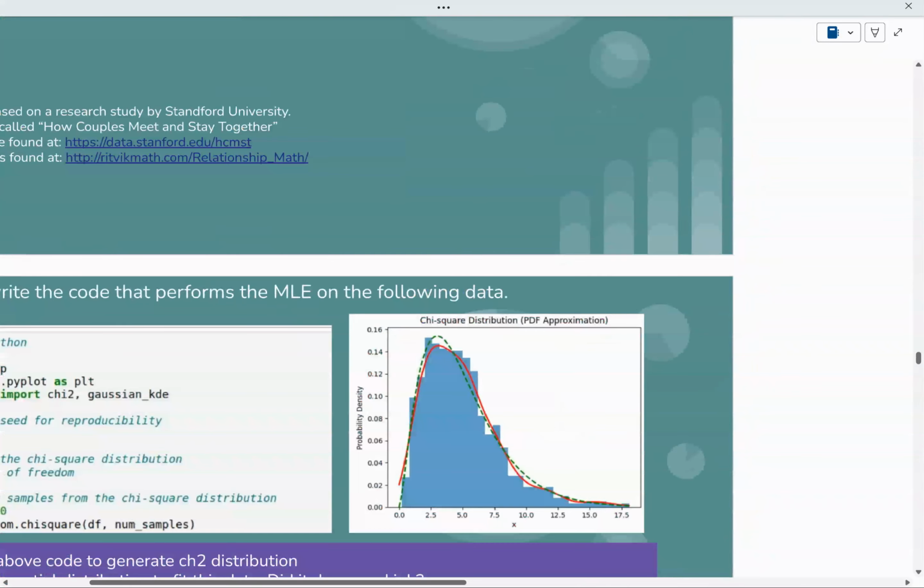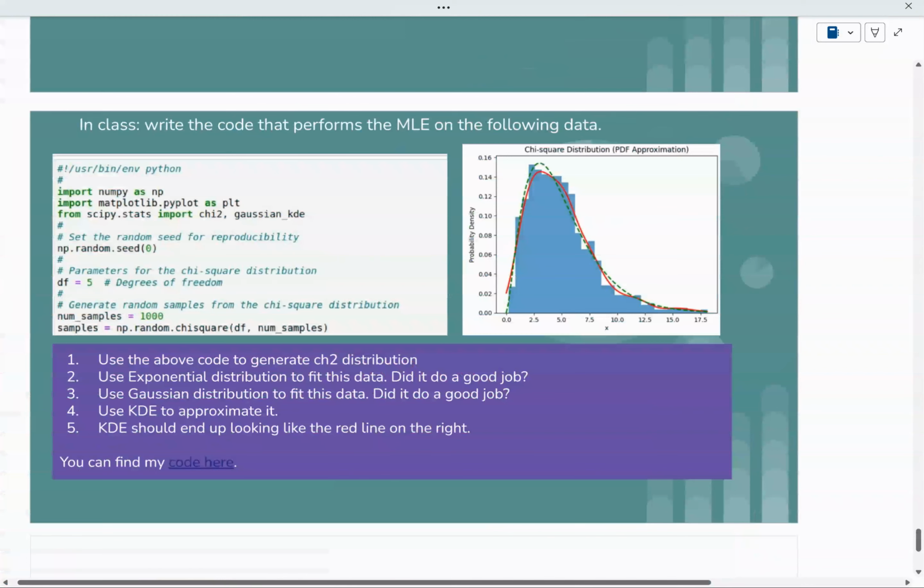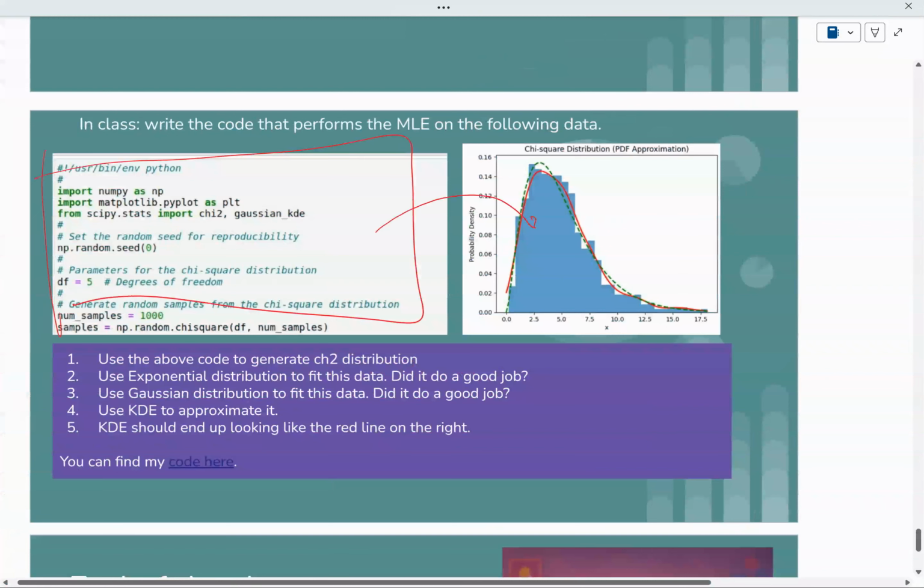All right, for the last exercise of the day, this code here generates this data, which is kind of like a skew Gaussian. What I want you to do is generate the data using the code here, and then use an exponential distribution to see if it fits. You're going to see that it doesn't do a very good job.